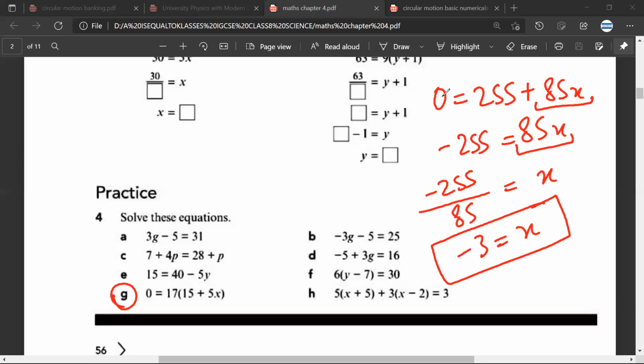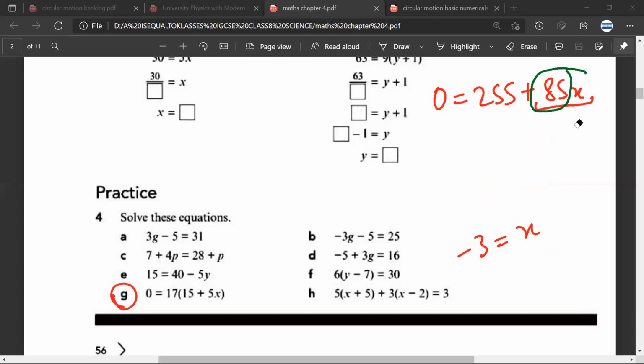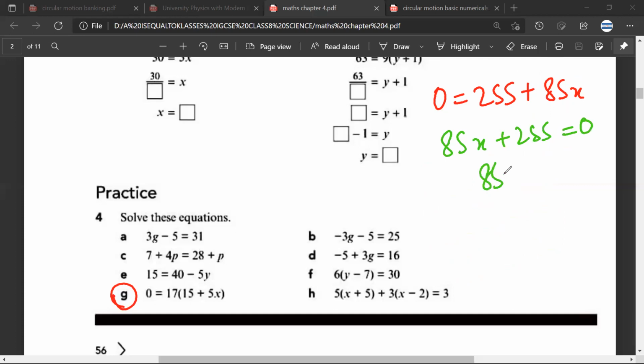So do not try to make this negative, because otherwise your things will start getting complicated. Or another very simple thing that you can do, if you don't find that confusing, see, I will be sharing a lot of ways in which you can do these questions. For example, you can write it like this: 85x plus 255 is equal to 0. 85x is equal to minus 255.